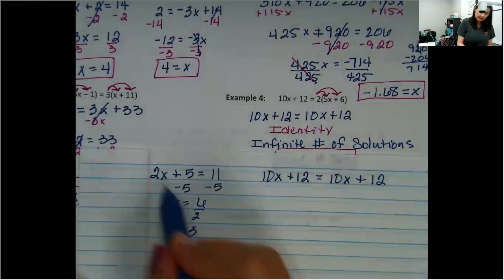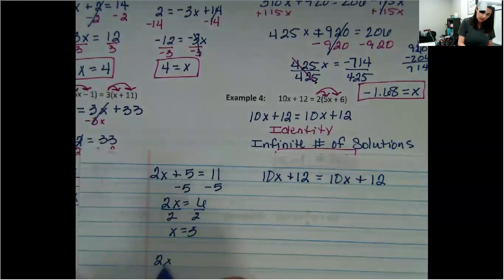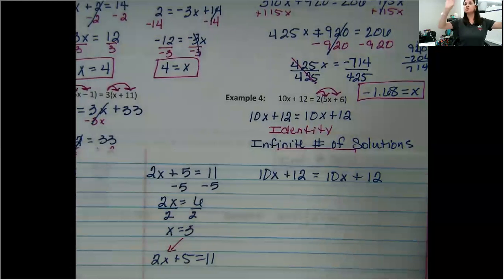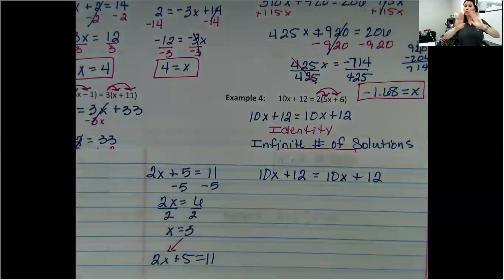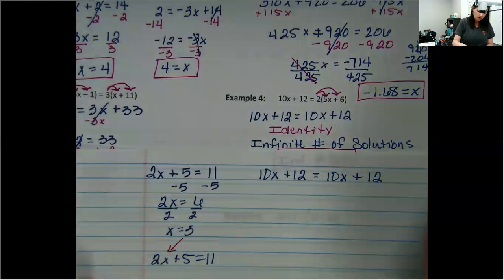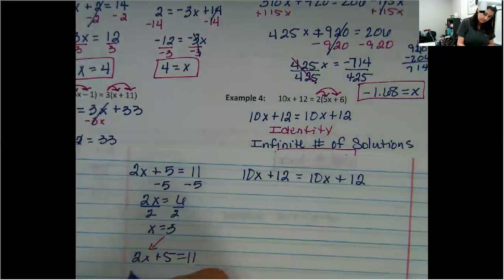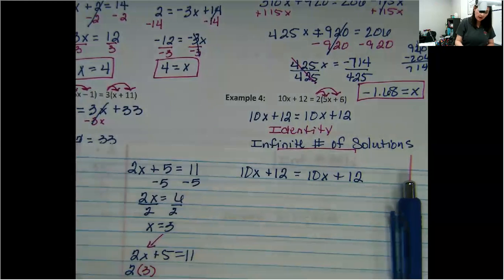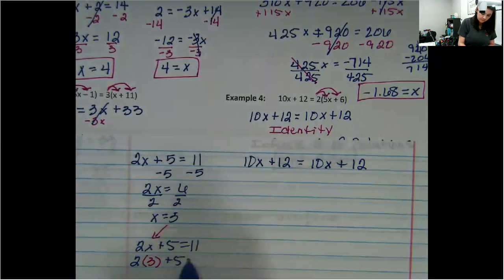What I could do is take my 2x plus 5 equals 11, and plug the 3 into the x to see if the left side matches the right side. And if it does, then that is a solution to the equation. It makes the equation true. So I could take 2 times 3 plus 5 equals 11. 2 times 3 is 6, and 6 plus 5 is 11.